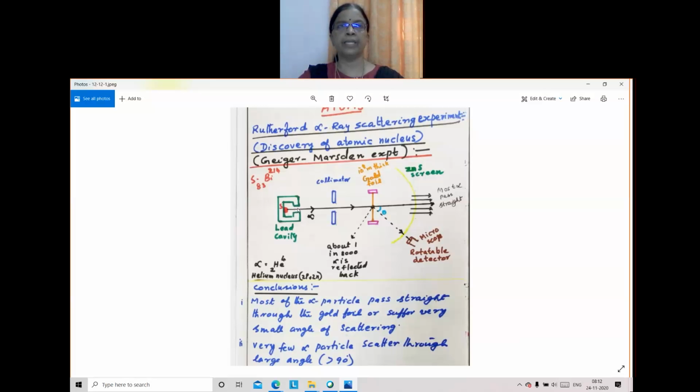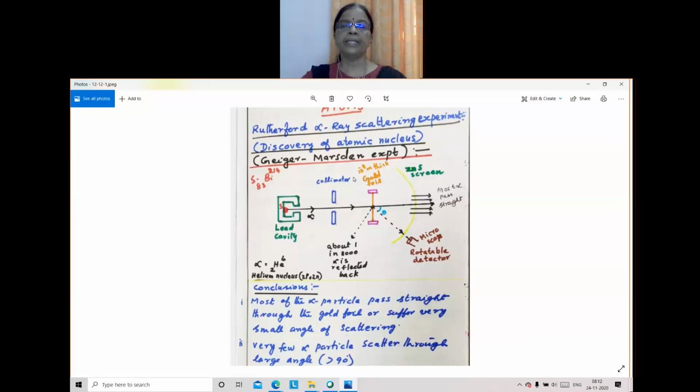The radioactive material emits radiations like alpha, beta, gamma. So here it is a source of alpha particles, and the alpha particles are sent as a beam. For that purpose, a collimator is also provided.